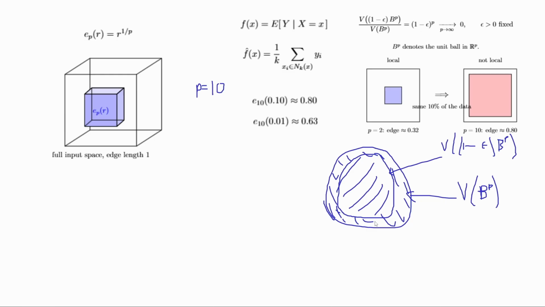Hopefully that makes sense, but let's make it more concrete. Suppose n points are drawn uniformly from a p-dimensional unit ball centered at the origin.